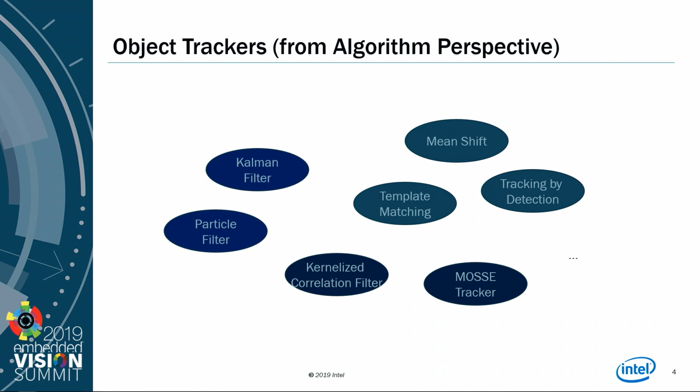Each of these algorithms has its unique accuracy and performance characteristics. So this presentation is not intended to explain each of them, but focused more on how we can use this kind of trackers in computer vision applications.